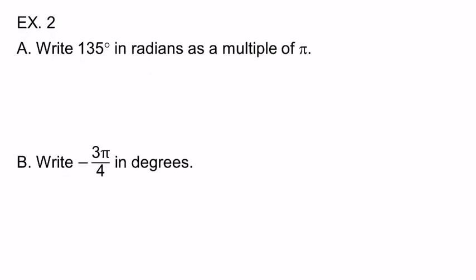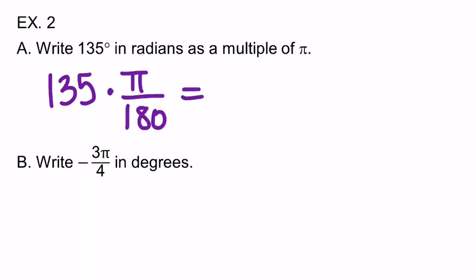Okay, so let's look at a couple of examples converting between radians and degrees. So the first example, part A, I have 135 degrees and I want to convert that into radians. So I'm going to multiply times pi over 180. Now I'm not actually going to type pi in my calculator because I don't want the decimal 3.14 to be multiplied out.